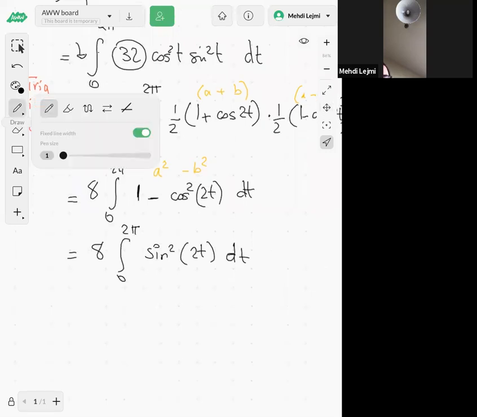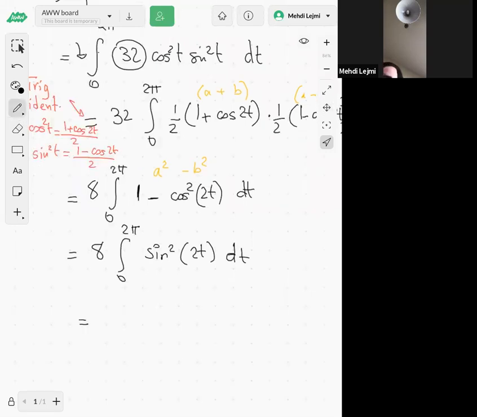And you can use trig identities again. Sine square of 2t will be half, so it's 8, 0 to pi, half of 1 minus cosine of the double of the angle. If you have 2t, then here we're going to have 4t. Okay, it's twice the angle you have here, right?